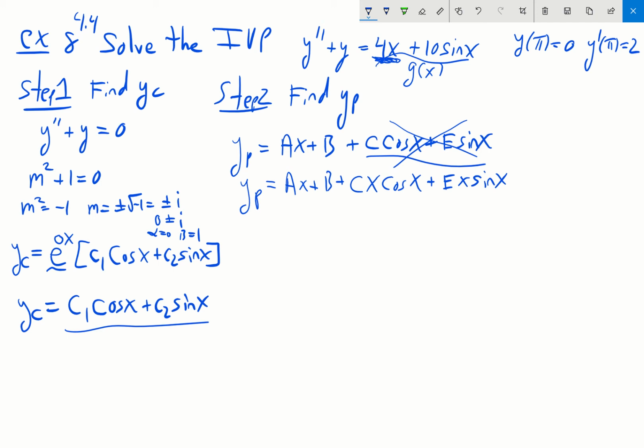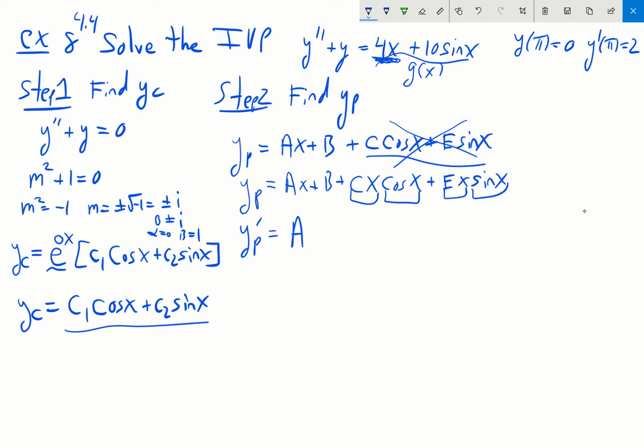Let's now go ahead and plug this into the differential equation. So here's our y p. We need to come up with a second derivative, so we need to do the first derivative to begin. The derivative of ax plus b would just be a. To do the next couple pieces, these are going to be product rules.